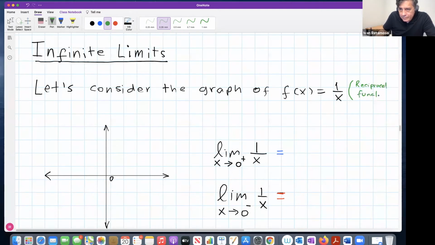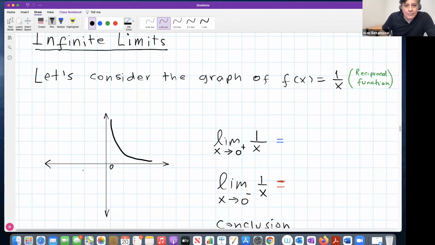And this reciprocal function, when graphed, will show the following shape. The positive part here looks like this, and you've done this in pre-calculus. And over here it looks like this.